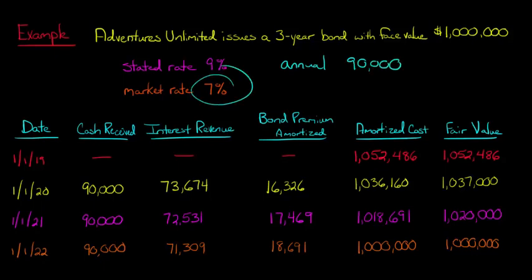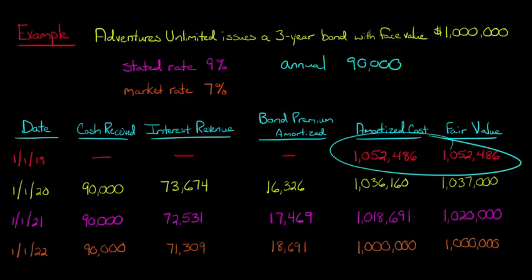Now the market rate is 7%, and we're receiving 9%, so we're going to pay a premium to get these bonds. The premium is $52,486. So the amortized cost of the bonds, the fair value, on the very first day that we buy the bonds, is $1,052,486. That's just the face value of the bonds plus that $52,486 premium.